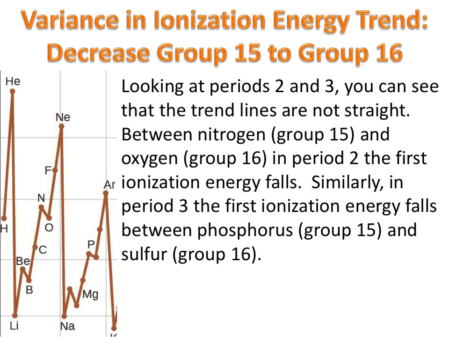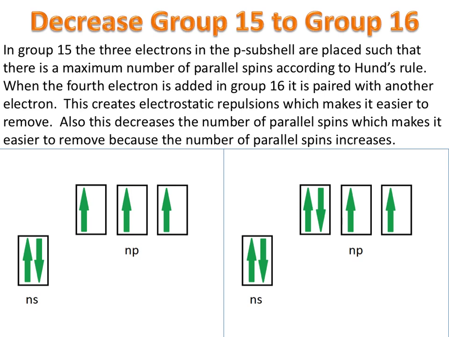The decrease between groups 15 and 16 is also related to the electron configurations. In group 15, note here that nitrogen and phosphorus have a half-filled p subshell.